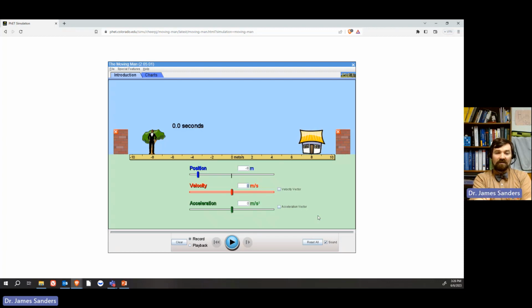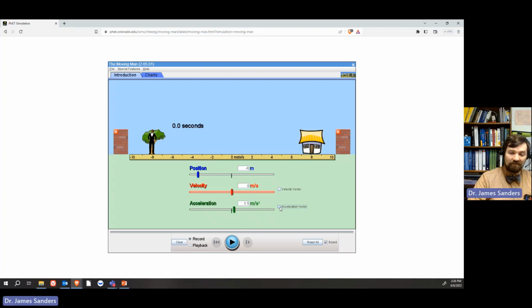Let's say that he is going to do that at a rate of acceleration of, let's say, a half meter per second, so 0.5 meters per second squared. Notice he's going to move in the direction of the green arrow, that is towards the house.